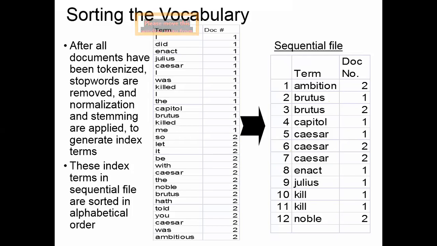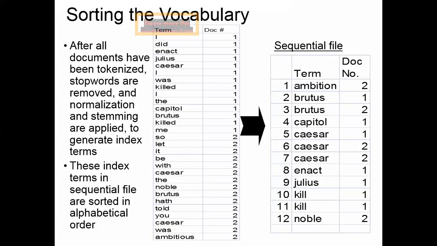But not all words, as we said earlier, are equally important for representing a given document. Which words are more important? Words that describe the content of the document. So it's better to ignore common words or stop words like articles, pronouns, adjectives, adverbs, conjunctions.